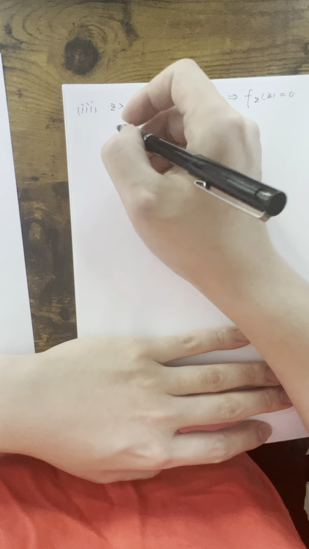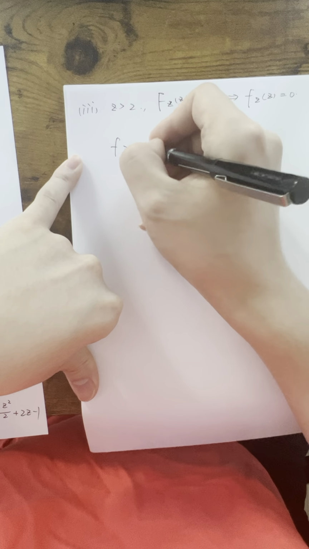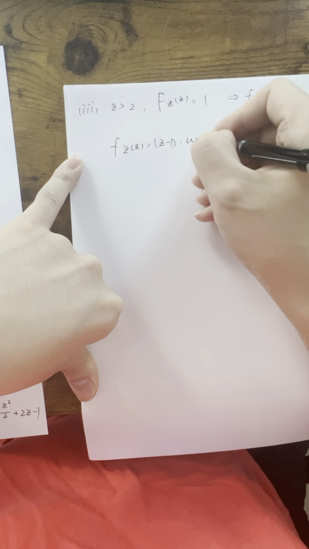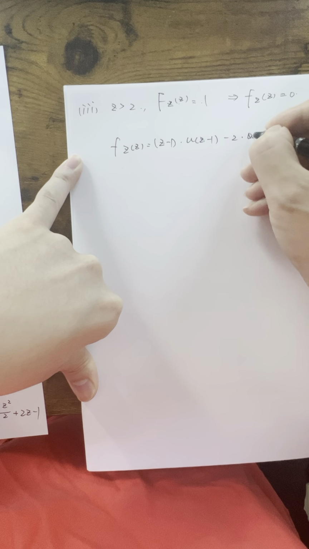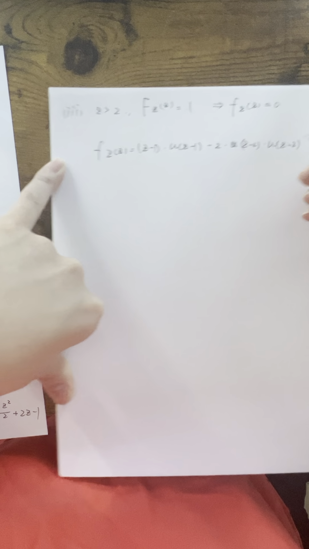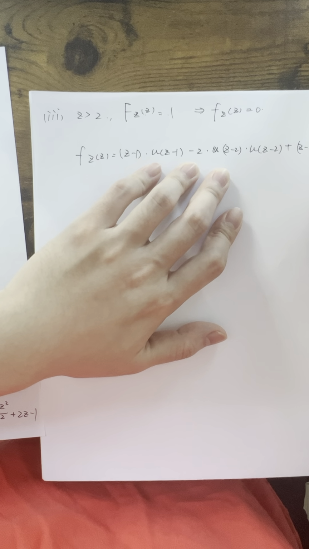Remember that we need to shift it back to the right side by 1. So the final answer should be (z minus 1) times u(z minus 1), minus 2 times (z minus 2) times u(z minus 2), plus (z minus 3) times u(z minus 3).